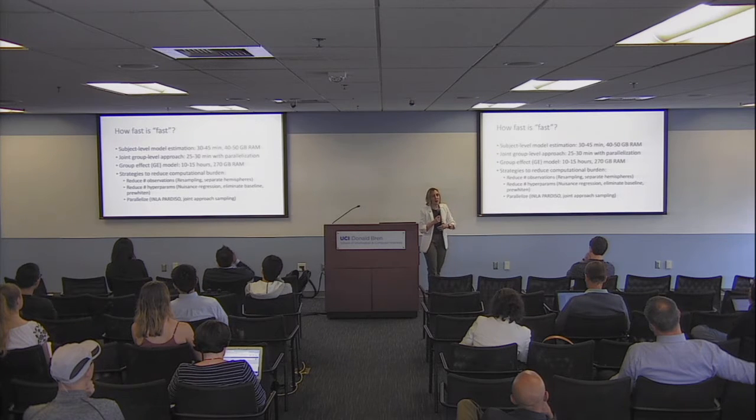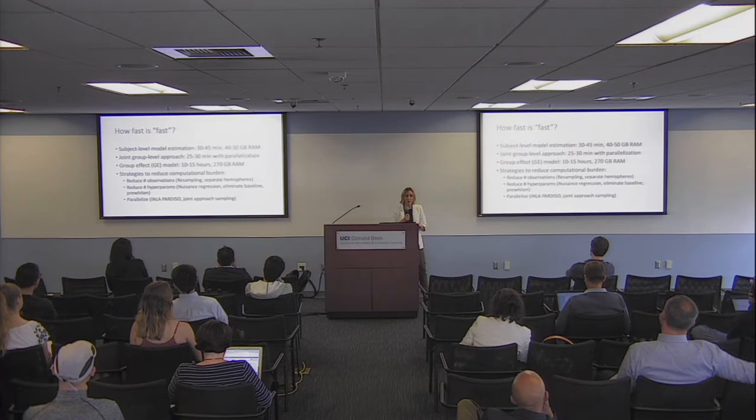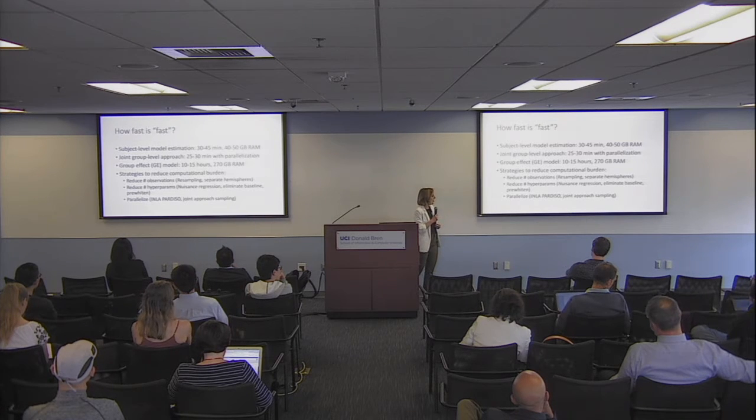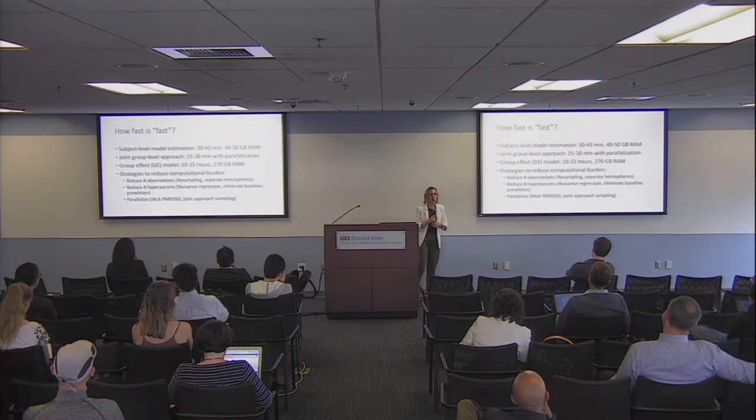Try to reduce the number of hyperparameters as low as possible while still capturing the essence of your model, because that's a big issue for computational burden. We also use the INLA Pardiso library for parallel matrix linear algebra, and that has huge computational benefits. And then using our joint approach for group analysis, we can also parallelize within that.